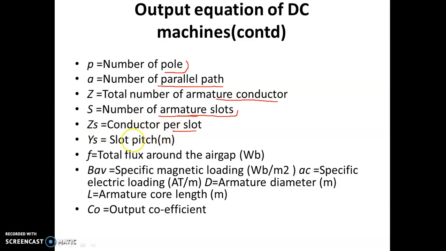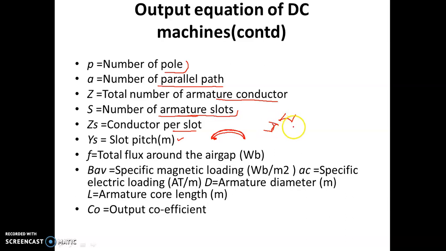And Ys is the slot pitch, denoted in meter. Slot pitch means the physical distance between a north and south pole of a motor. Suppose the motor is 4 pole, I am just drawing like this.